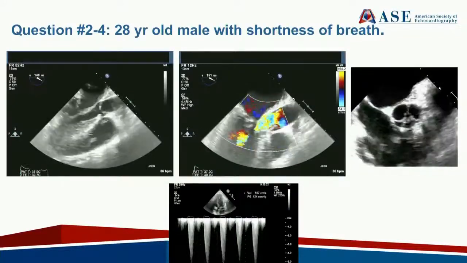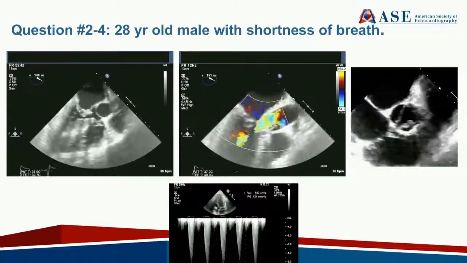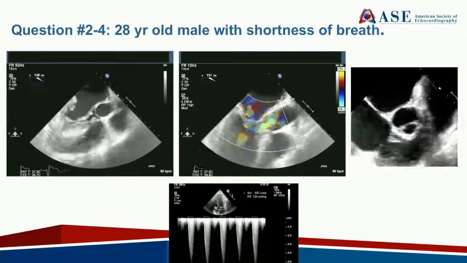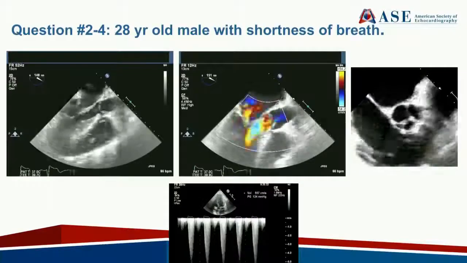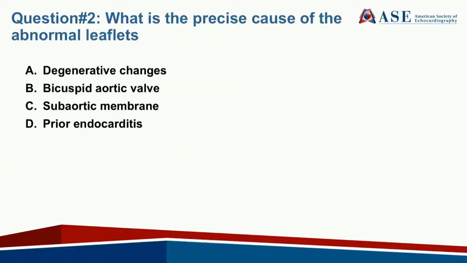I'll give you 30 seconds to do so. Okay, so it's really question number one for you. What is the precise cause of the abnormal leaflets? Is it A, degenerative changes, B, a bicuspid valve, C, subaortic membrane, or D, prior endocarditis?